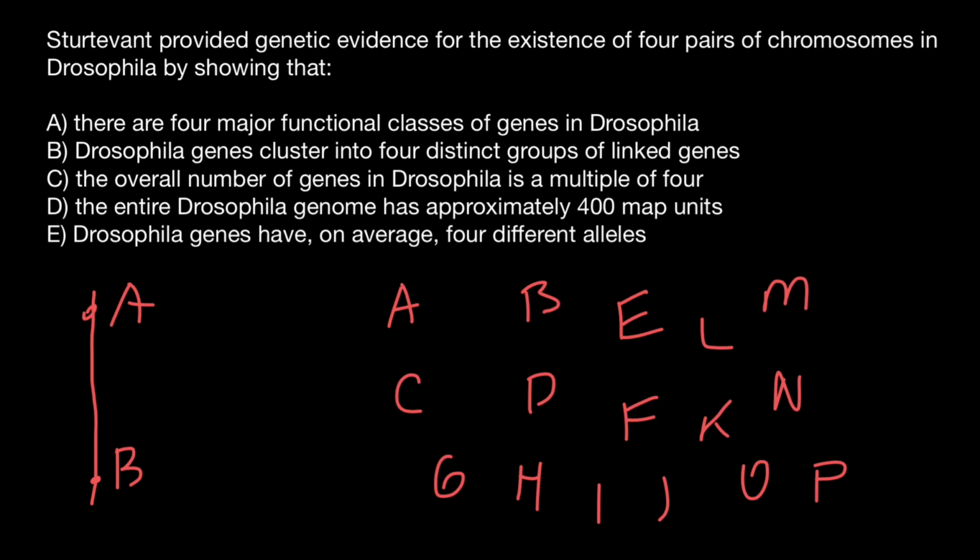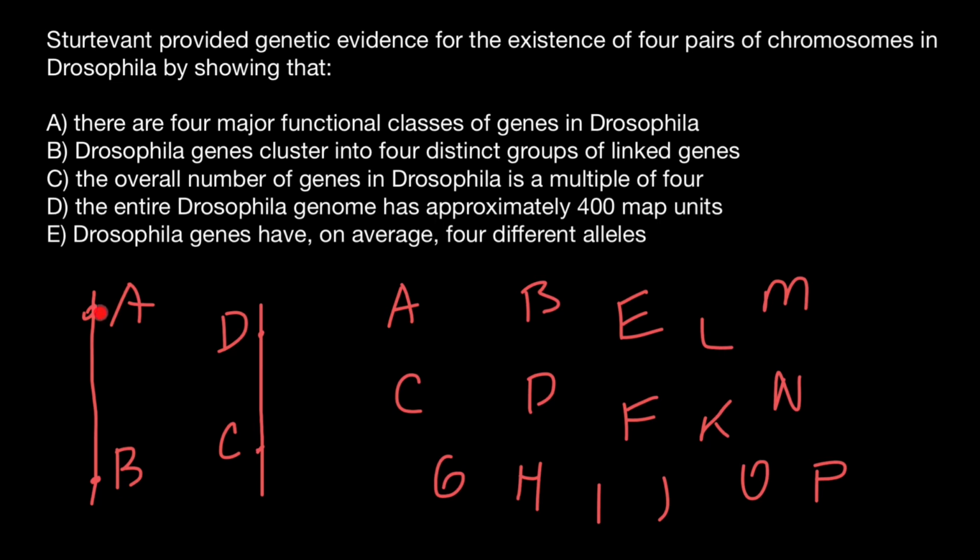But if genes are on different chromosomes, for example, this is chromosome number 2, and here we have genes D and C, then genes D and C also would tend to be inherited together. And if genes A and D are on different chromosomes, they would have a tendency to segregate independently.